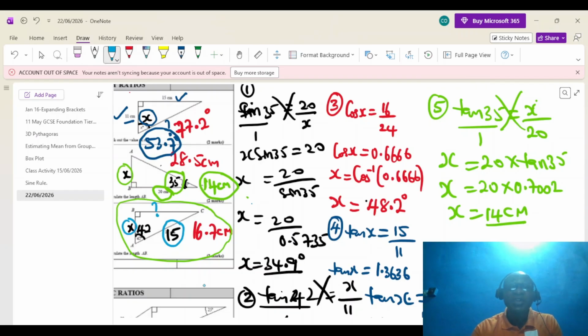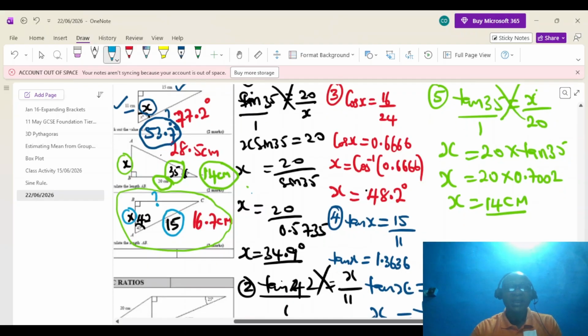So what you can use here comfortably is the cosine, because any ratio that has to do with opposite will not work. Tan has to do with opposite, and sine has to do with opposite. So we are not going to use the two. Therefore, I can now use cosine to solve it. Are you getting me?